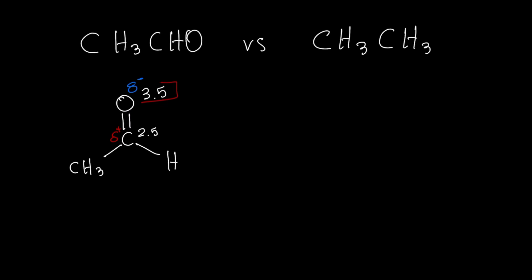This value, the electronegativity, represents the strength by which the oxygen pulls on the electrons in this bond. So the electrons in this bond are going to be slightly closer to oxygen, which is going to make it slightly negative. And they're going to be slightly further away from the carbon, which is going to make it slightly positive. So that's going to mean that this molecule right here is going to be a polar molecule.